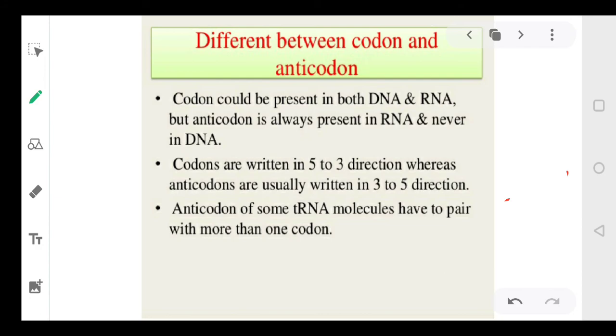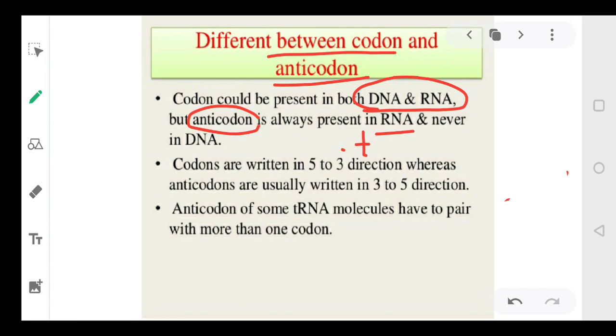Yes, let's go further. Let's differentiate again between codon and anticodon. A few more differences. Codons are always present on DNA and RNA, and anticodon is present in tRNA, isn't it? Just now we've talked about tRNA. It can never be present on DNA. Codons are always read from 5' direction to 3' direction, while anticodons are read from 3' to 5'.